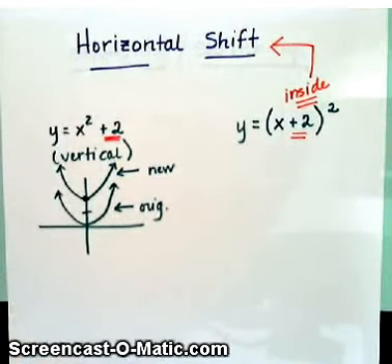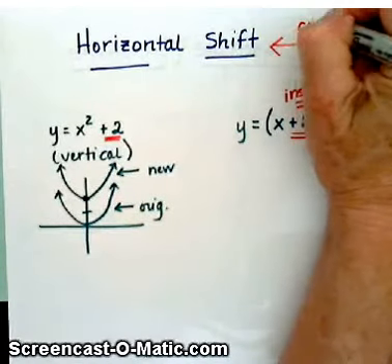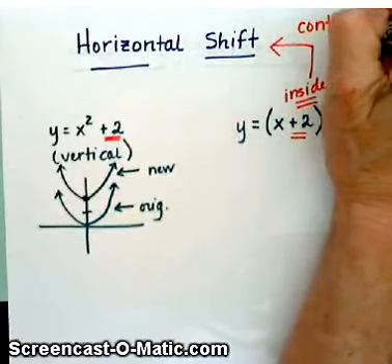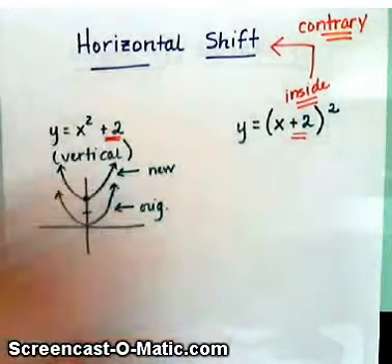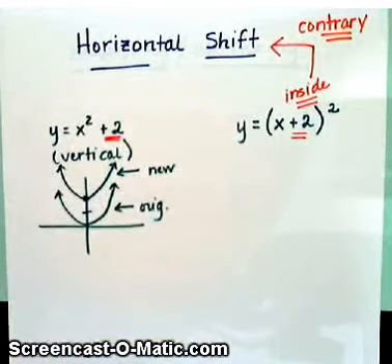And a horizontal shift, of course, is left or right. And here's the weird thing. Horizontal shifts are contrary in direction. Contrary is a word that means doesn't do what it's supposed to do, like a bad child. You say a contrary child. That child is contrary. Well, it means you tell it to go left, it goes right, or you tell it to sit down, it stands up, or you tell it not to cry, and of course it bursts into tears.